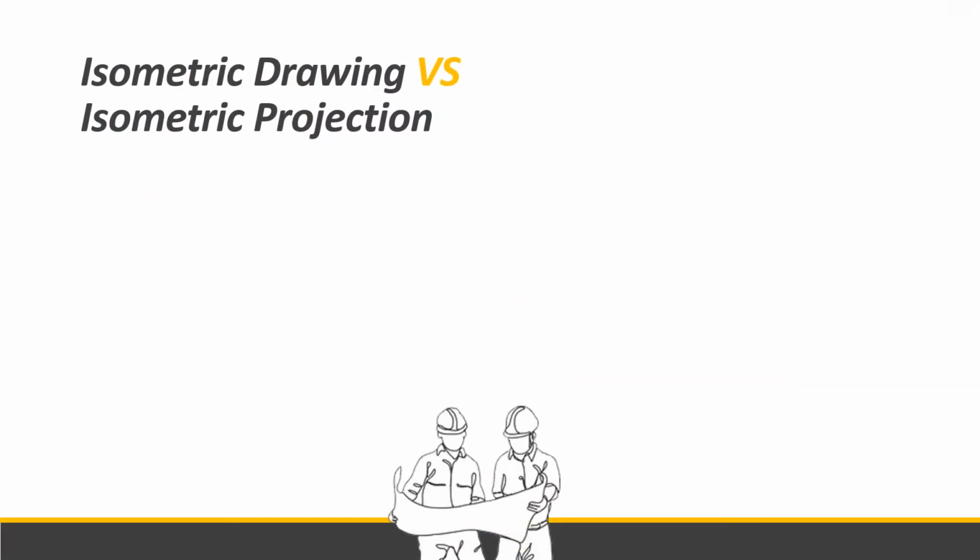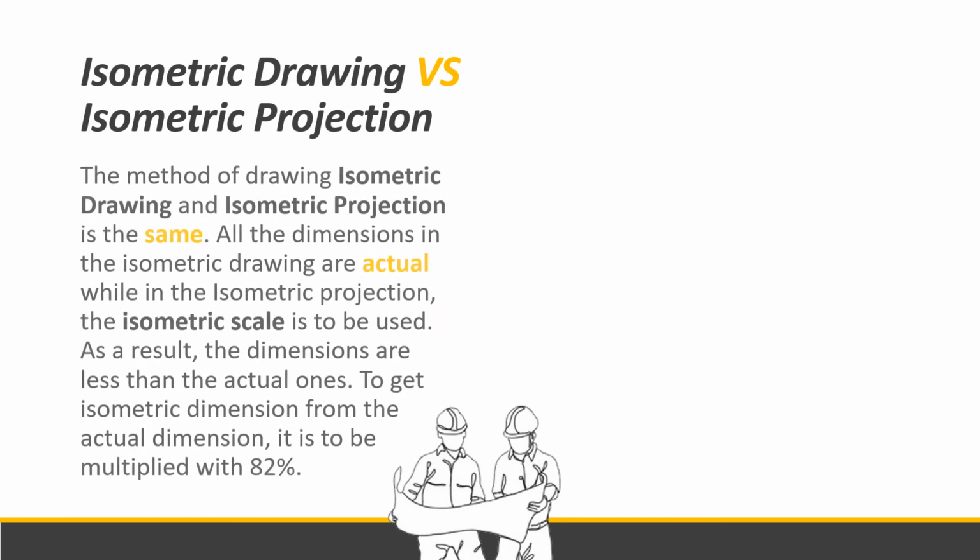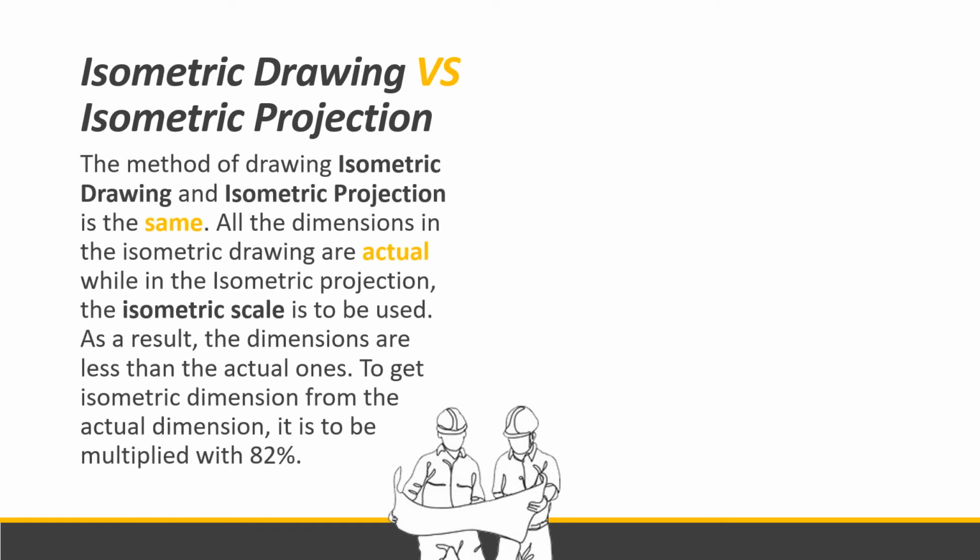Okay, so what is the difference between isometric drawing and isometric projection? In terms of method of drawing, isometric drawing and isometric projection are the same. But the difference is that the dimensions in isometric drawing are the actual dimensions, while in isometric projection, the isometric scale is to be used.